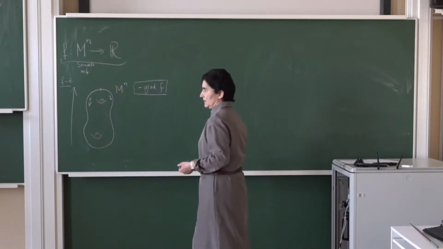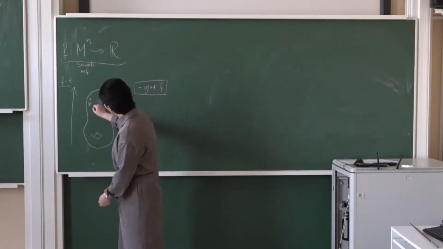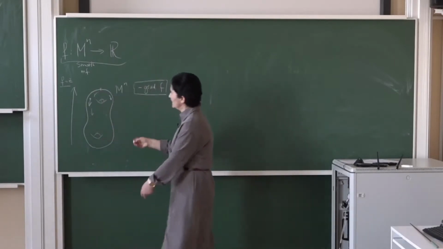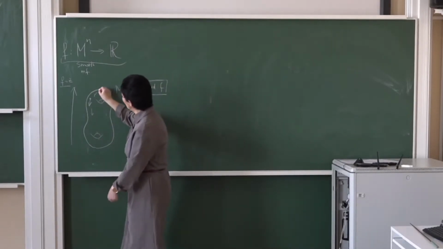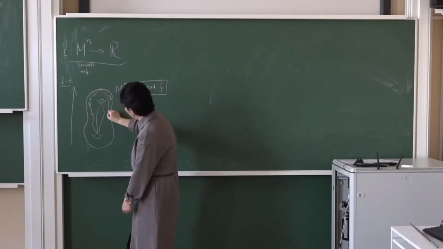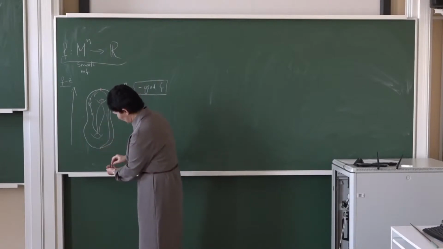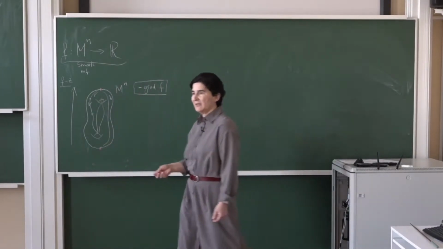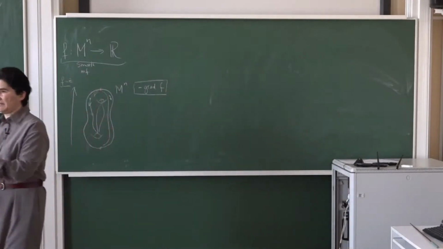At all other points we have a non-zero gradient, and if we take the trajectories, we see lines, called gradient lines, and the entire manifold M is stratified by these gradient lines.